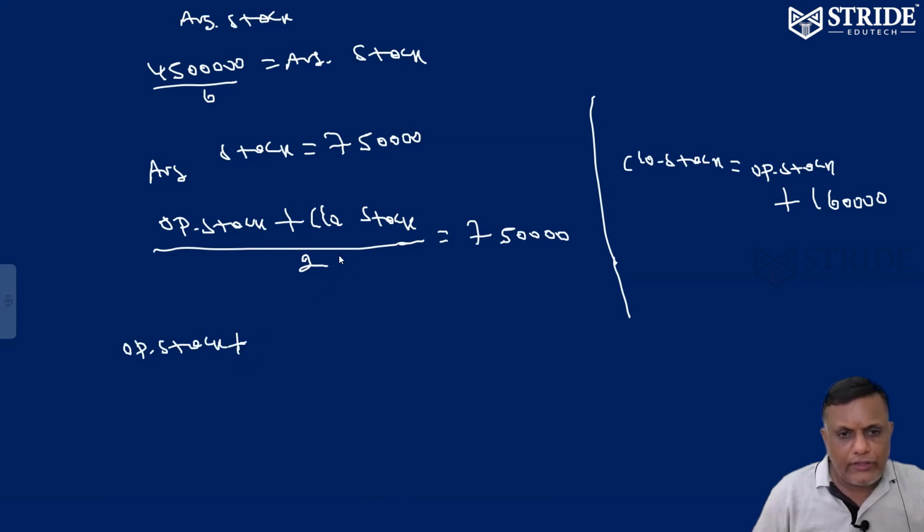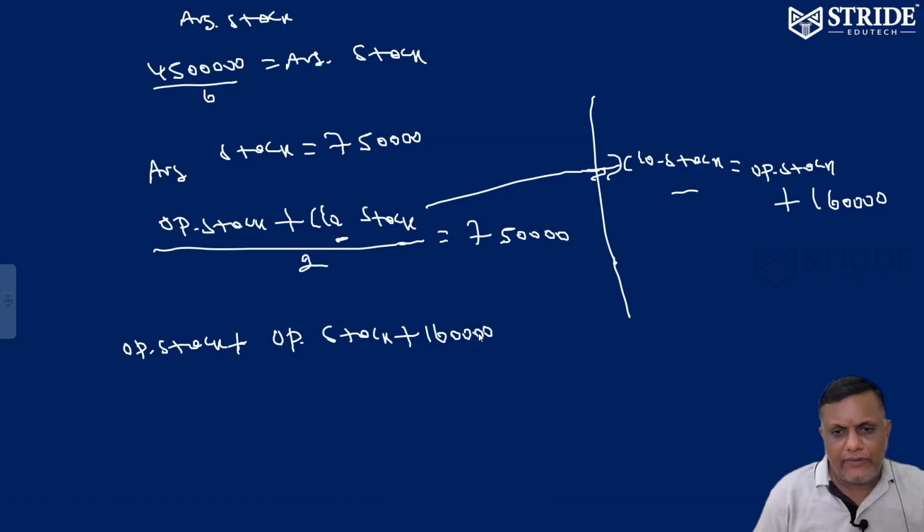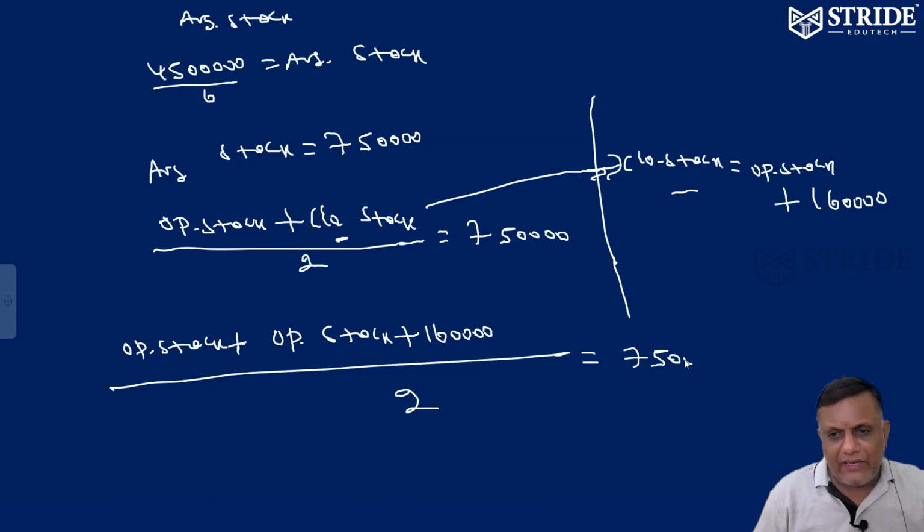Now, can I replace the closing stock by opening stock plus 1,60,000? We can replace. So opening stock plus opening stock plus 1,60,000, by 2, is equivalent to 7,50,000.